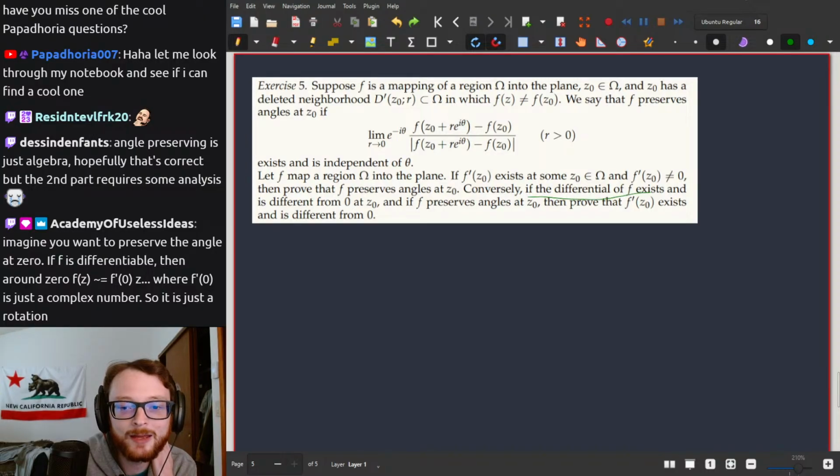If the differential of f exists and is different from 0 at z0, then f prime of z0 exists and is different from 0? Isn't that saying the same thing?